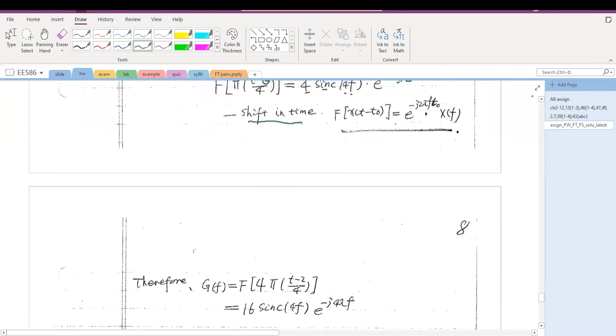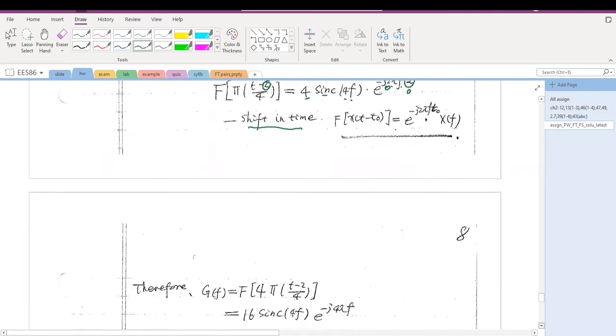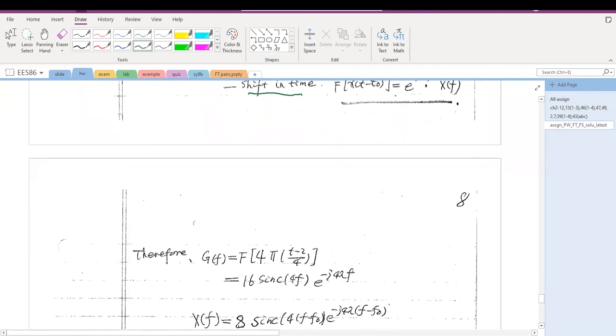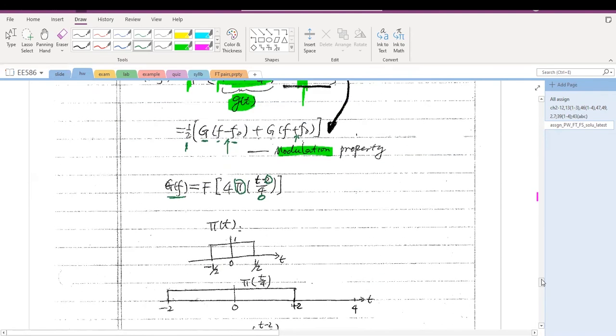Writing them together, this is 2 and 2, that's 4. So therefore, this is e to the power minus j 4 pi f. That's 16. The 16 comes from here. There's a 4 here, and the 4 from the question. There's another 4.